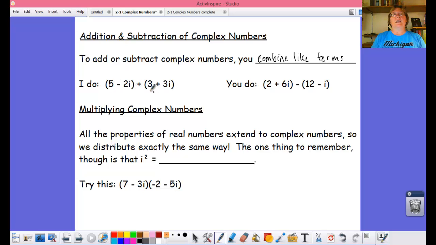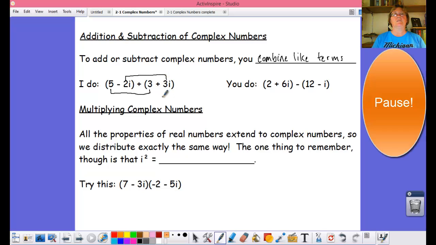So if I were going to add here, no number out in front, so there's no distribution, the parentheses don't have to be there. I'm going to add the real number parts to each other and the imaginary parts to each other. So I'm going to end up with 8, and -2 plus 3 is 1, so 8 plus i is my answer for this one.